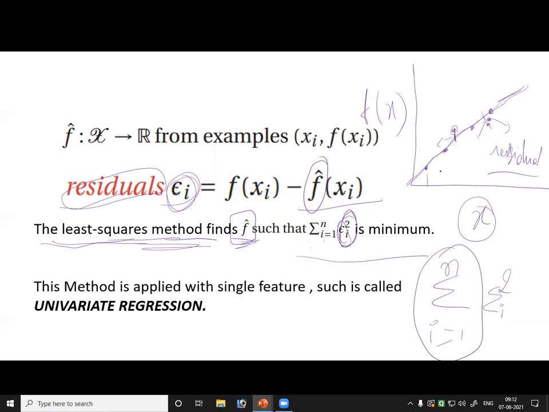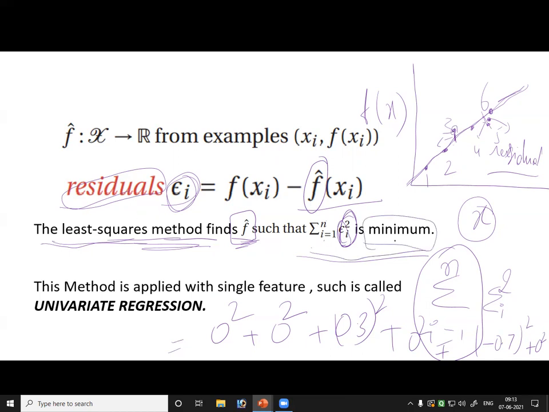For example, if there are 6 points, we calculate the first point's distance, which is 0, the second point 0 square, the third point, suppose 0.3 whole square, plus the fourth point 0 square, plus the fifth point, say minus 0.7 whole square, plus 0 square. This should be minimum.